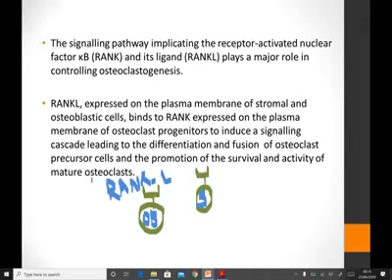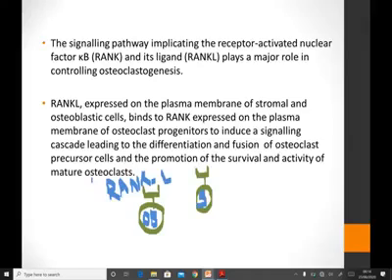So when RANK on the progenitor cells of the osteoclast binds to RANKL on the osteoblast or the stromal cell, a cascade of signaling is established, leading to the differentiation and fusion of osteoclast precursor cells and promotion of the survival and activity of a mature osteoclast.